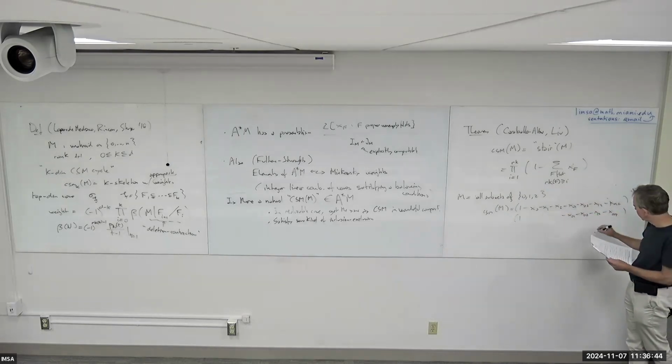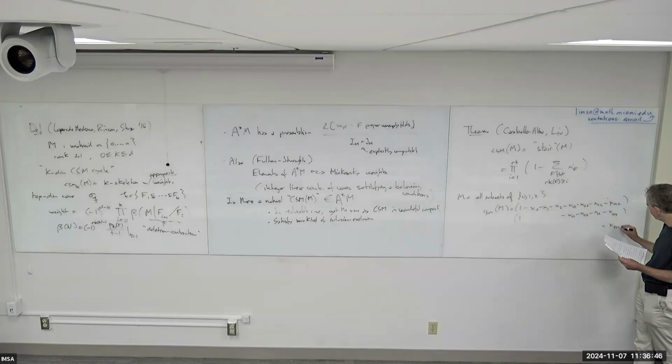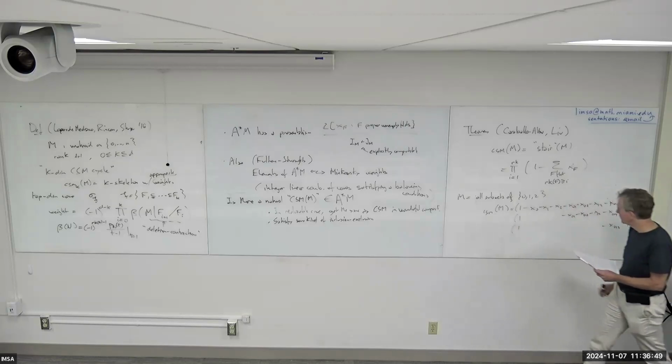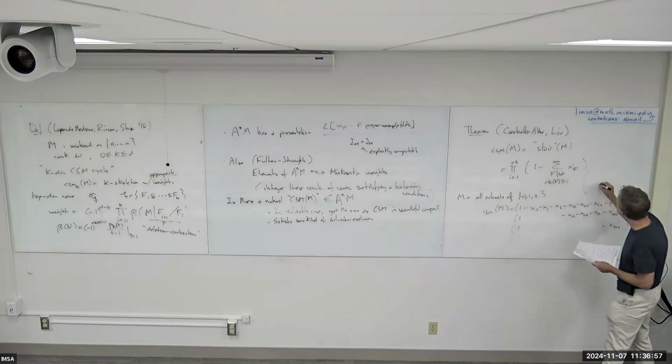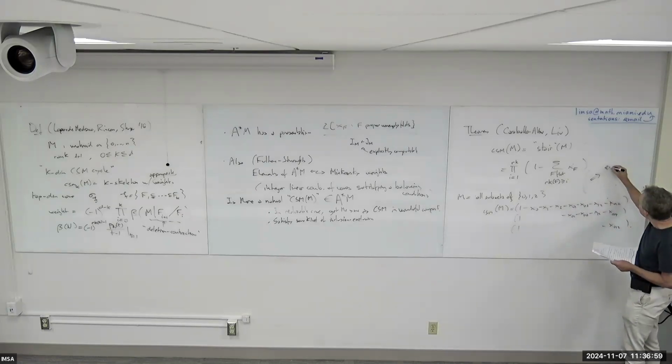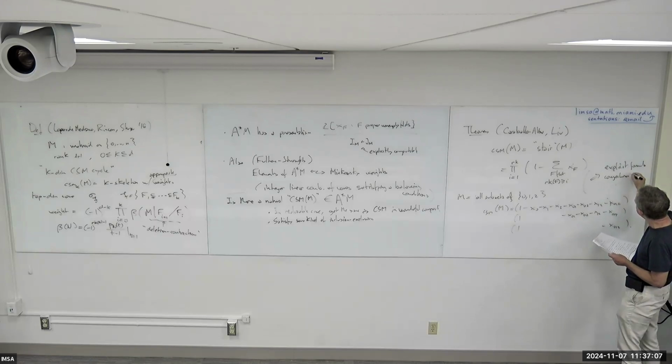Drop those of lower rank and then drop the last one. And keep the last one for last. All right, this is something I can understand, and I can plug into a machine and it will tell me. And this implies explicit formulas that have been conjectured by Fife and Rincon.